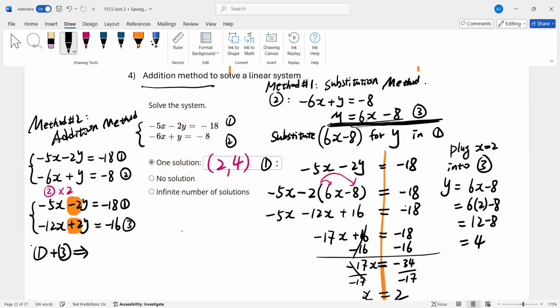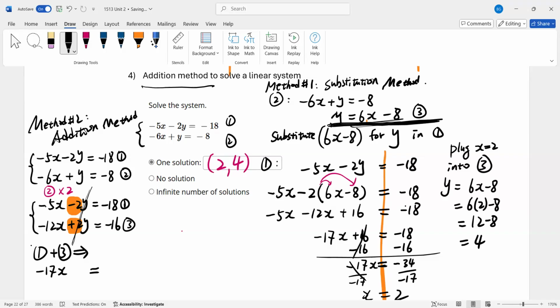Addition method, right? -5x plus -12x gives us -17x. And -2y plus 2y add up to 0 because they are opposites. They cancel, so y is eliminated.